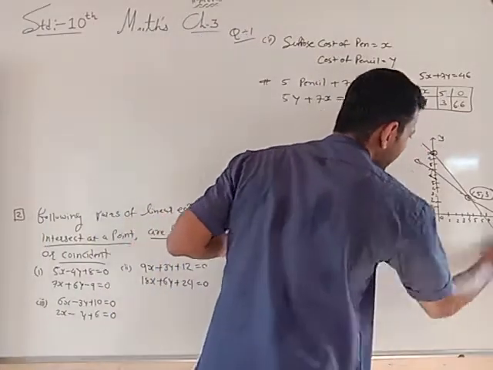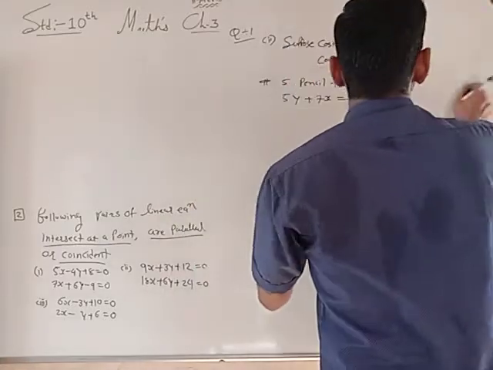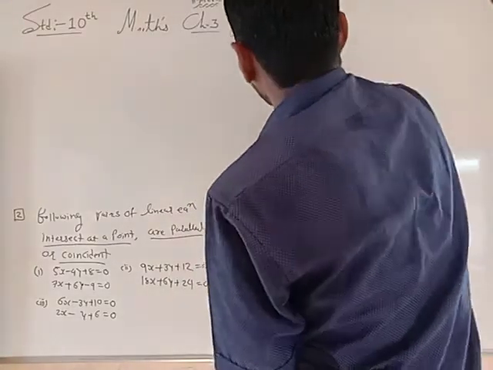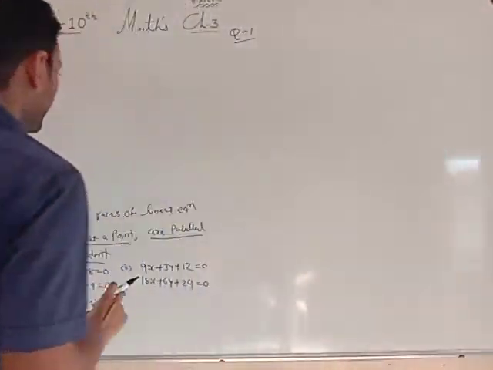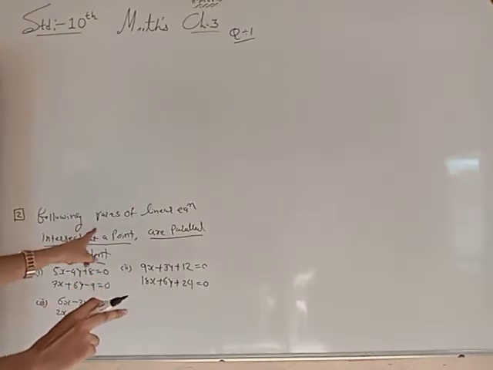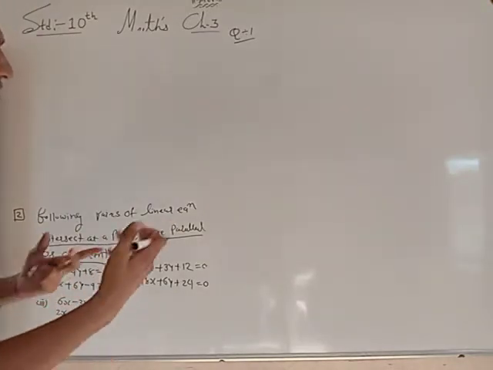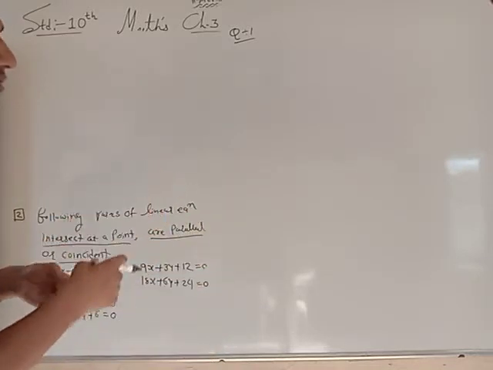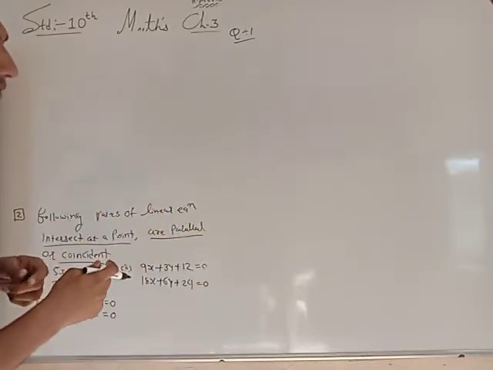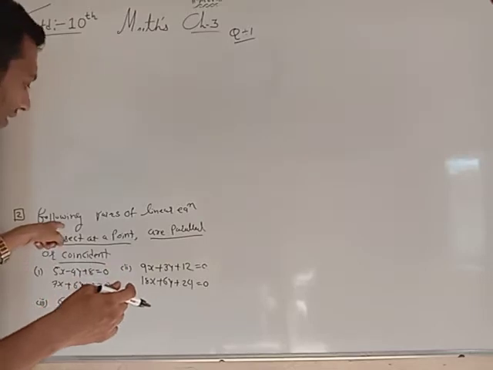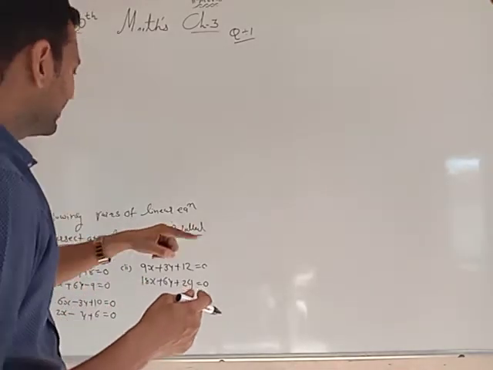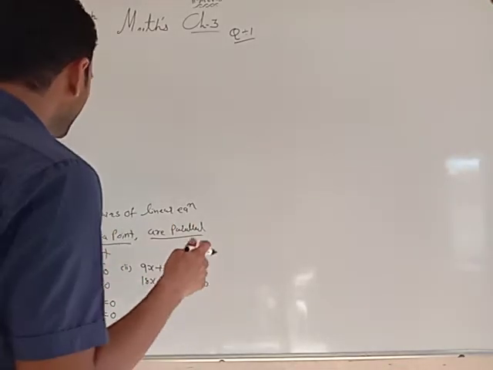So let's start. Your first sum: for the following pair of linear equations, say whether the lines are intersecting, parallel or coincident. I already taught this in the third video as well as the second video: when intersecting lines are possible, when parallel lines are possible, and when coincident.